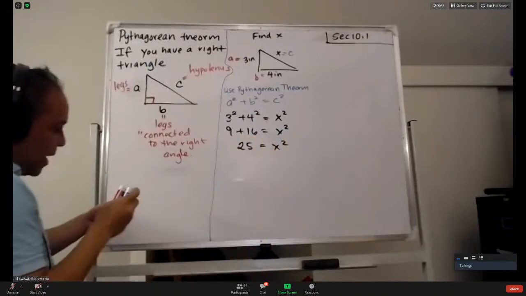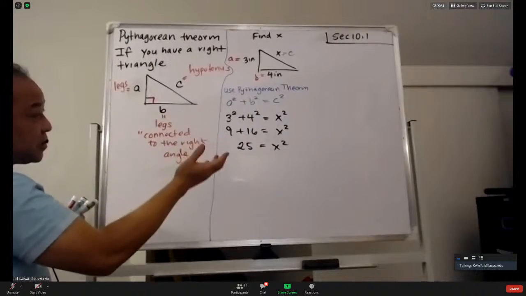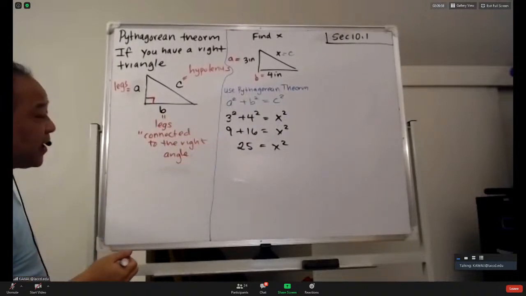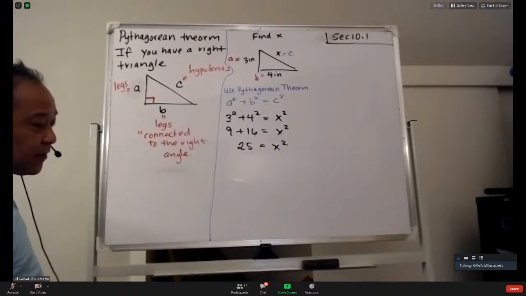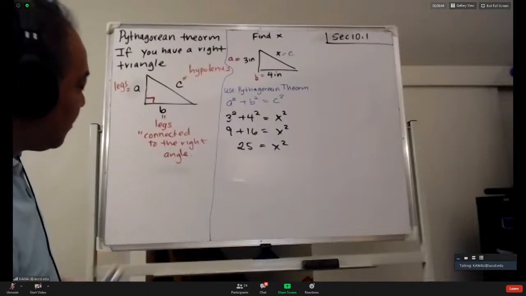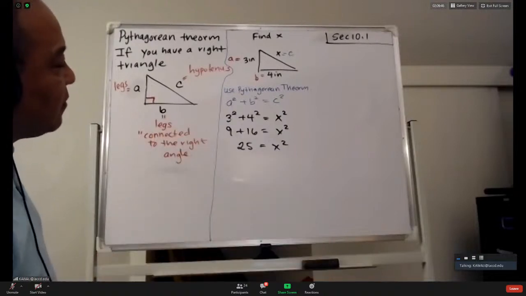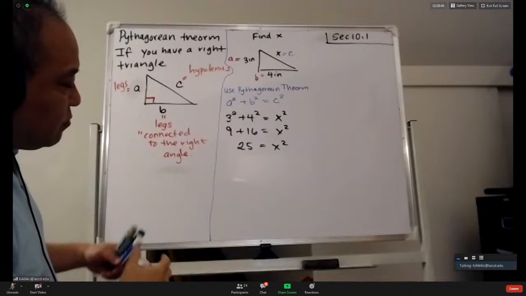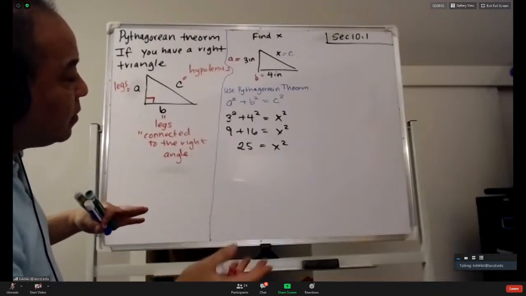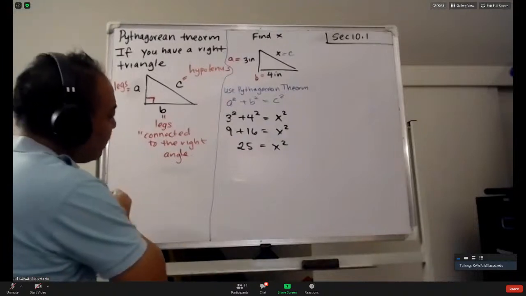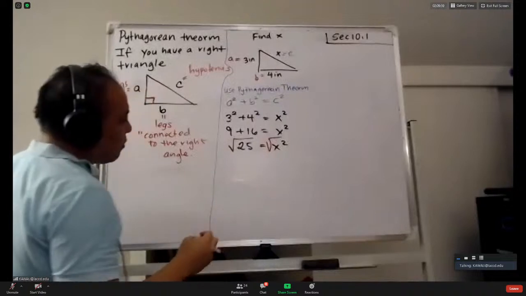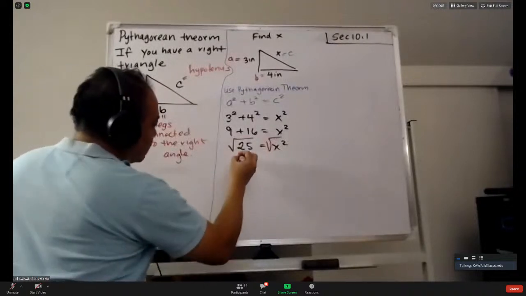Now, because this is a distance, right? If I ask you how tall you are, and you say, oh, I'm 5'8", you don't say negative 5'8". If I ask you how much you weigh, and you say 150 pounds, you don't say negative 150 pounds because you're not weird. Whenever we give a distance, we only look at positive numbers. So even though I'm square rooting both sides, you don't have to worry about negative numbers.